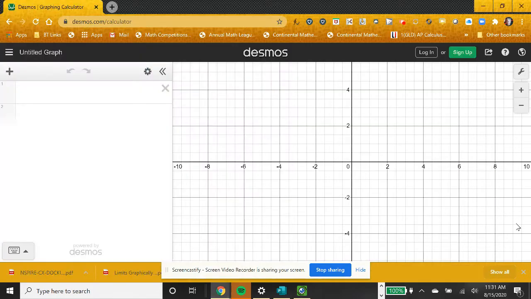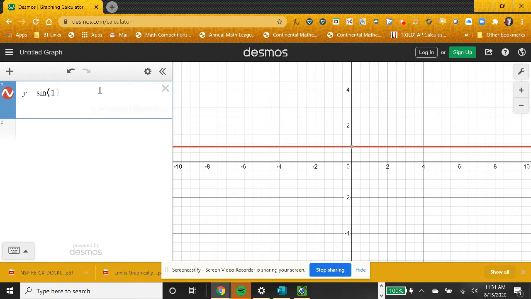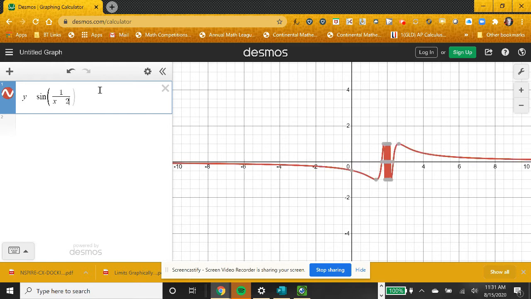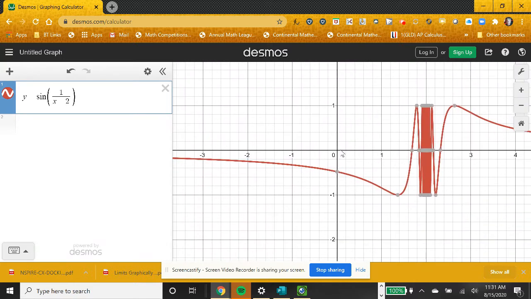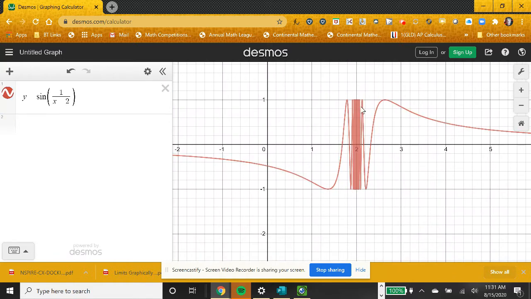Now, in this case, I'm going to do a Desmos graph here, and we're going to say y equals sine of 1 divided by, let's do x minus 2, okay? Now, when you look at this graph on Desmos, I want you to notice that as we get closer and closer to 2, boy, this graph is bouncing all over the place. It's bouncing between two distinct numbers, isn't it? It's bouncing between 1 and -1.